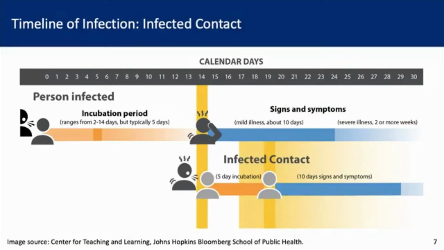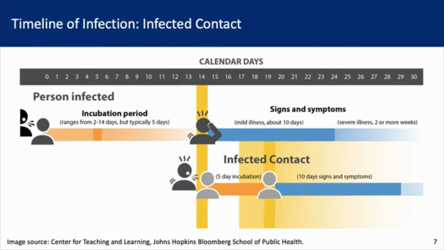Now, if we assume that someone was infected or exposed to this person and infected on the day that person became sick, if we assume they have a 5-day incubation period, they're going to become ill 5 days later. We can also think about their infectious period, which would begin 2 days before they became sick and would last throughout their illness period.